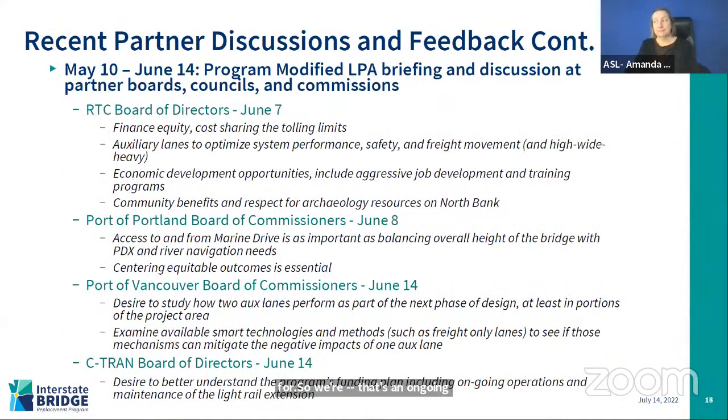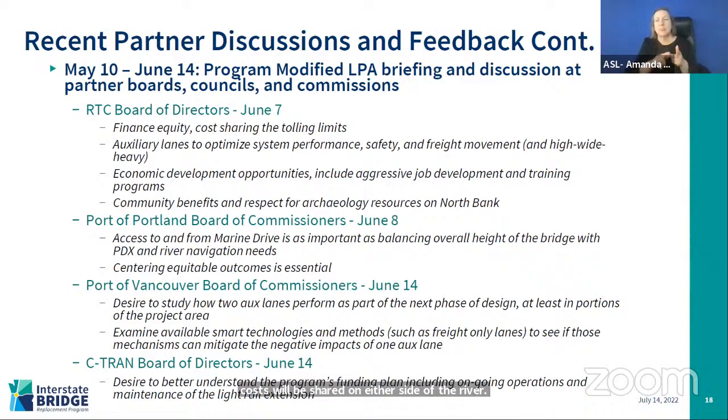So the RTC Board of Directors, once again, they looked at tolling, how costs will be shared on either side of the river. The auxiliary lanes was another issue that they wanted to make sure was being highlighted.